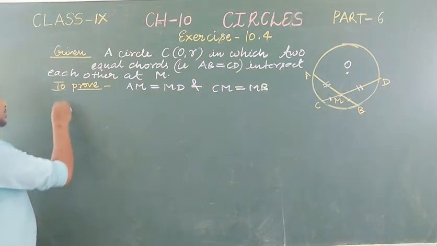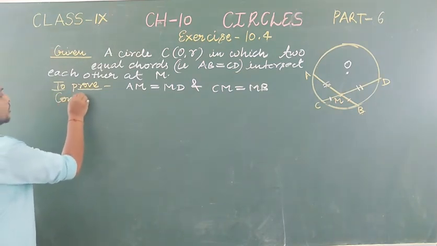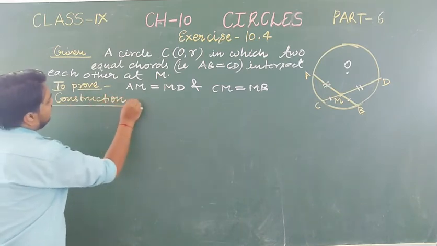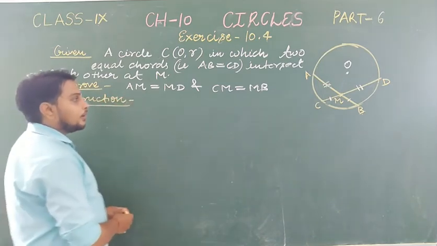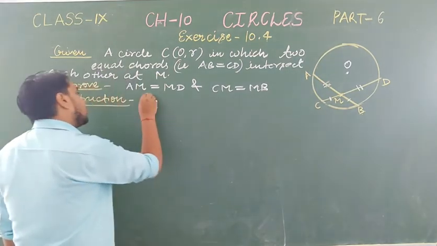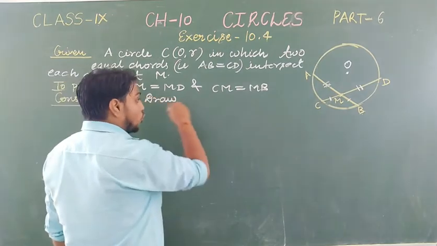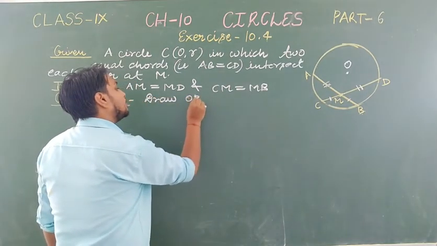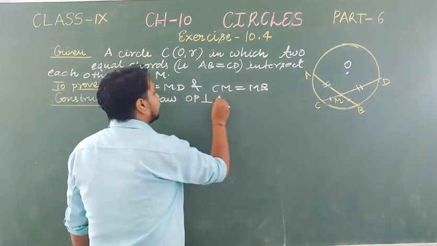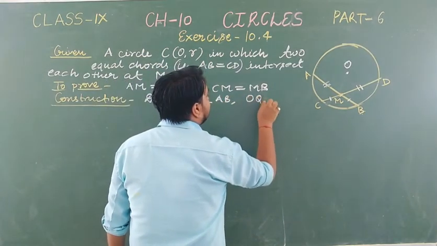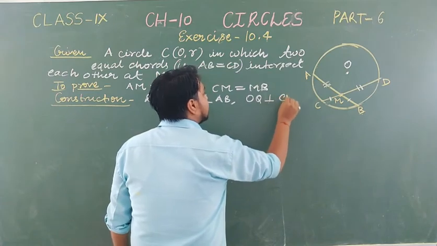Now, students, to show it, we have to do some construction here. And what construction will we do? See, I am going to draw OP perpendicular to the chord AB and OQ perpendicular to the chord CD.